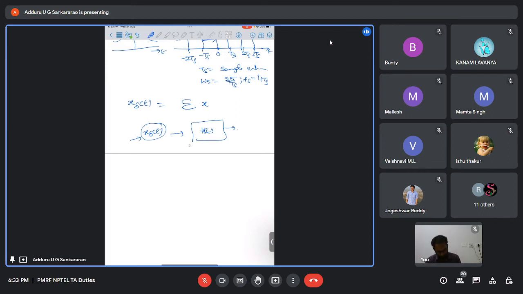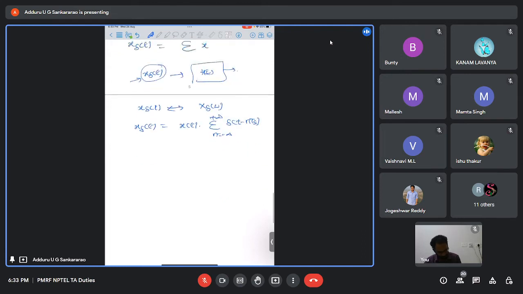For that, we will find the Fourier transform of x delta of t, let us say X delta of omega. Now x delta of t is x of t times the impulse train, sum over n from minus infinity to plus infinity of delta of t minus nTs.